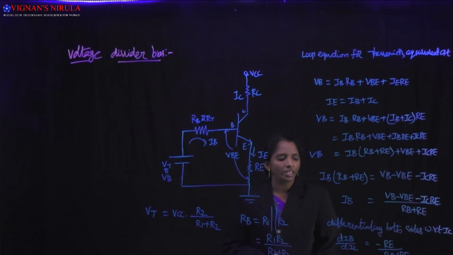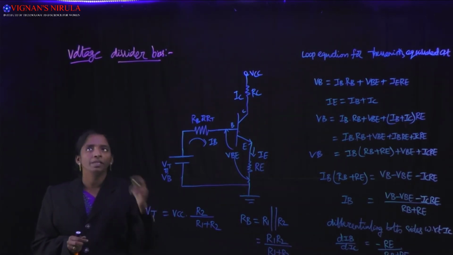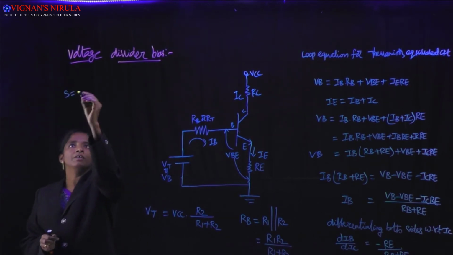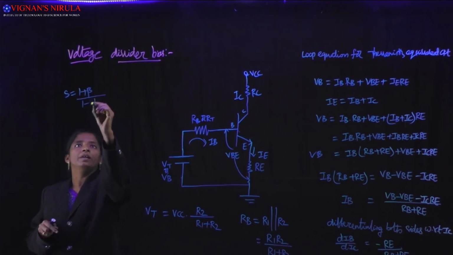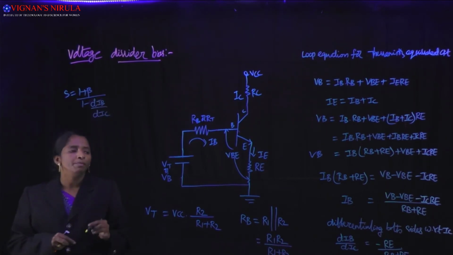Now differentiating, we know the equation for stability factor, that is S equal to 1 plus beta divided by 1 minus beta into dIB by dIC. Substitute dIB by dIC value in the stability factor.